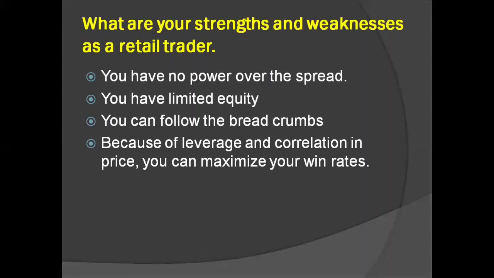The spread basically is being set by a broker, and you have no power over it. The best you can do is to try to open an account with a broker that offers you a fixed spread, or a very tight spread. If not, you're going to see a lot of spread changes during the time the news is released, and you want to avoid that as much as possible.